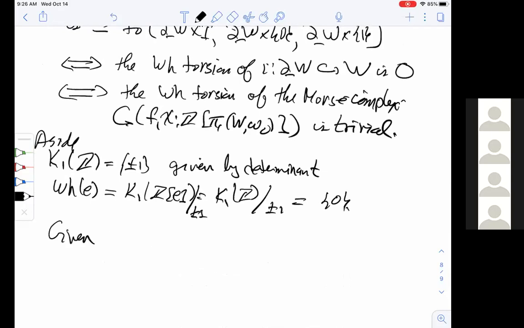Given boundary minus W, pi 1 boundary minus W equals G.